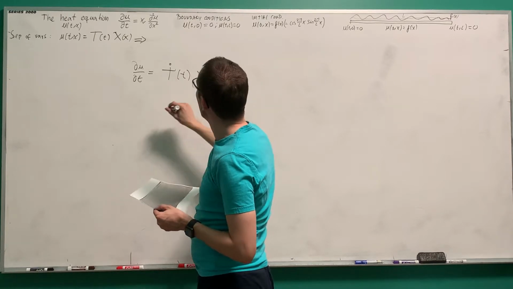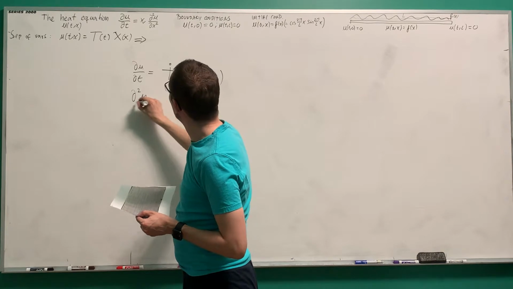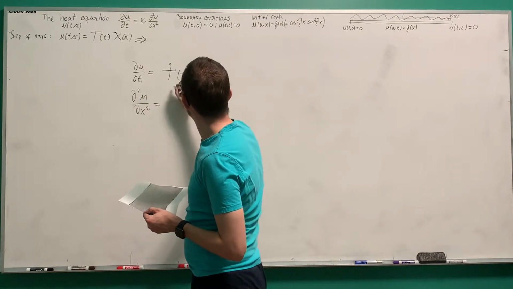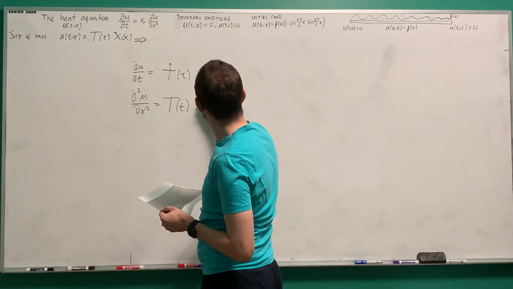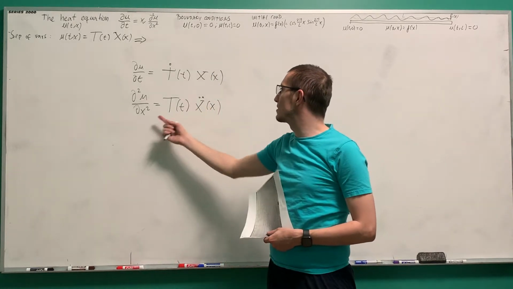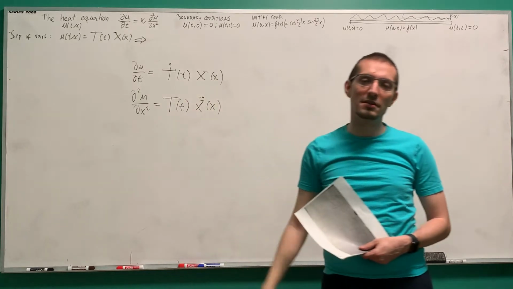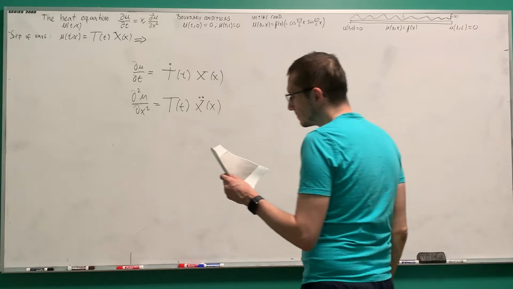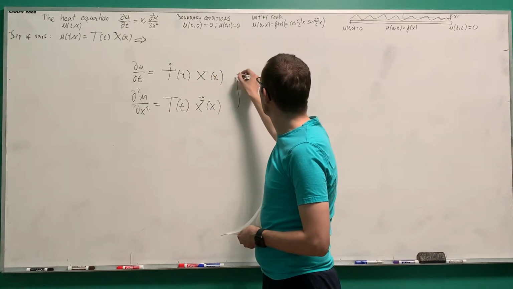And then partial squared u, partial x squared is going to be T of t and then X double dot of x. Because the derivative with respect to x jumps over T, and the derivative with respect to t jumps over X. I only differentiate T. So if we substitute these two in the equation, we get the following.